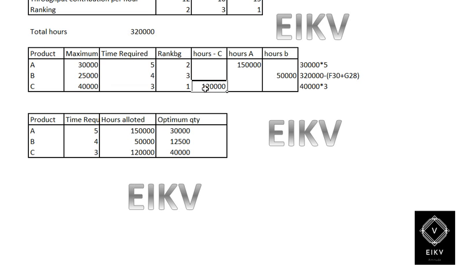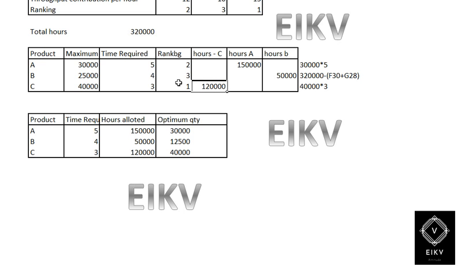We allocate the hours using the ranking method. First, for rank 1, the maximum quantity we can produce is 40,000 units. Multiplying 40,000 by 3 hours gives 1,20,000 hours.